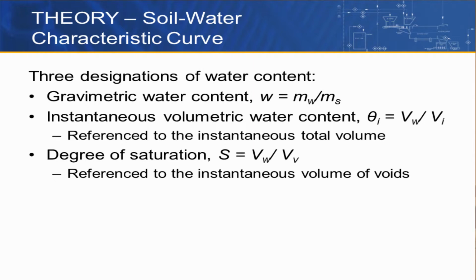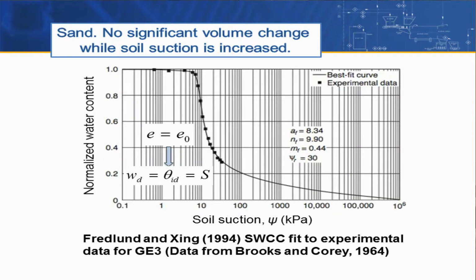And then the degree of saturation refers to the volume of water to the volume of voids. For no-volume-change soil, it doesn't matter which designation of water content is used, because soil water characteristic curves plotted based on these designations provide essentially the same information to the engineer.